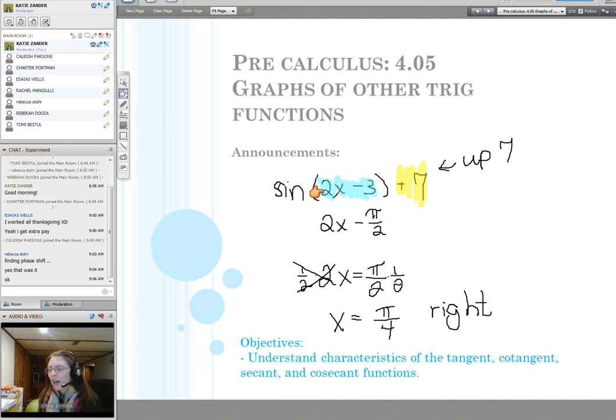It's just the x. But this would be a horizontal shrink by 1/2, and it also affects the shift as well. So that 2 has a dual purpose in the equation.